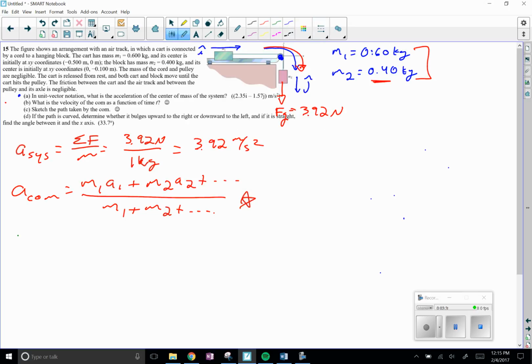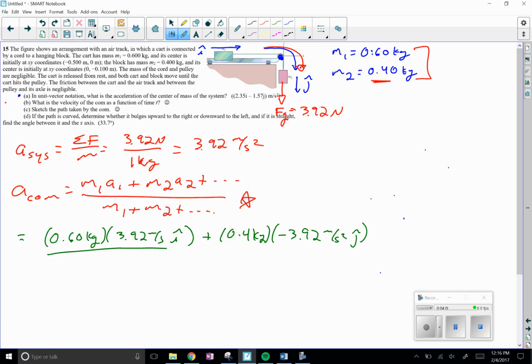So here's what we're going to get. The mass of object 1 is 0.60 kilograms, and the acceleration of object 1 is 3.92 meters per second squared in the I direction, plus the mass of object 2, 0.4 kilograms, times its acceleration, negative 3.92 meters per second squared in the J direction.